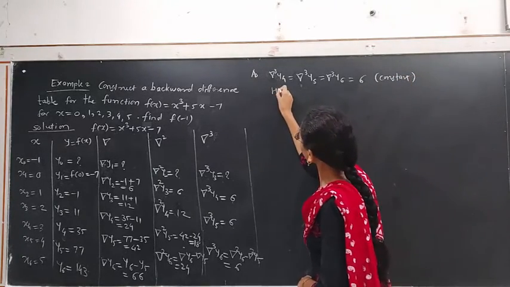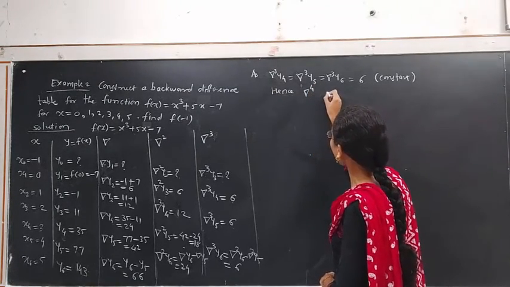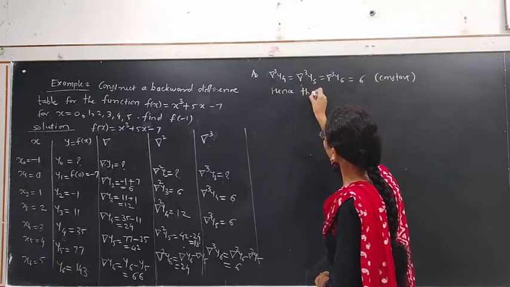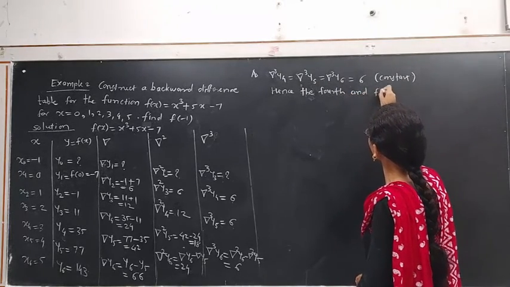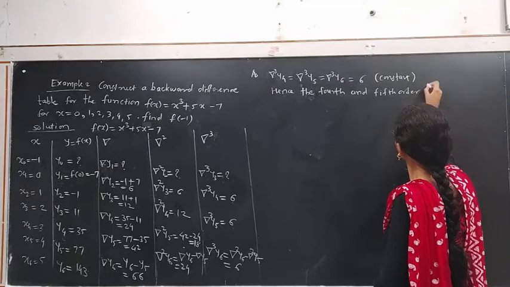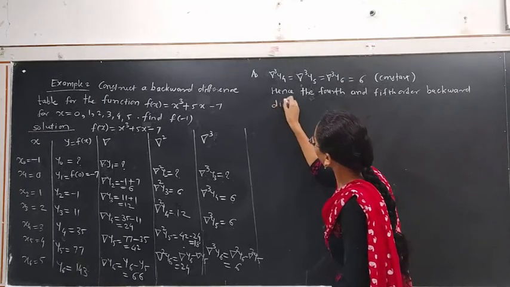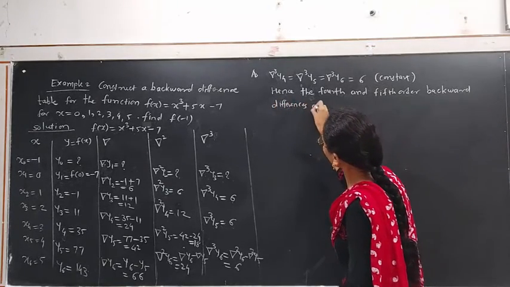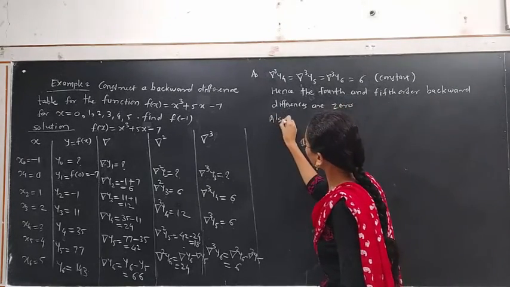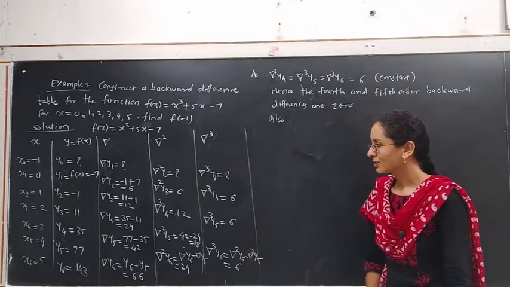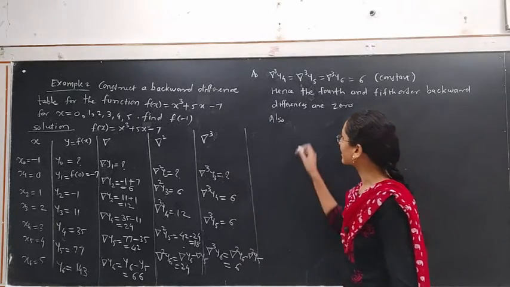Hence, the next backward differences of order 4 and 5 are 0. Also, as in the last column three backward differences are 6, hence the remaining backward difference is also 6. Del cube y3 is 6.